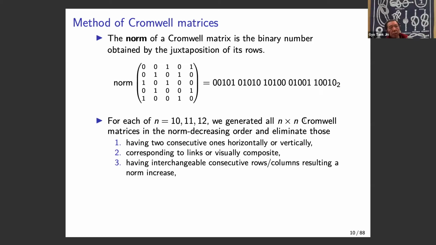If such a change ever increases the norm, then the knot is equivalent, so it must have been handled previously, because we are generating the matrices in norm decreasing order.